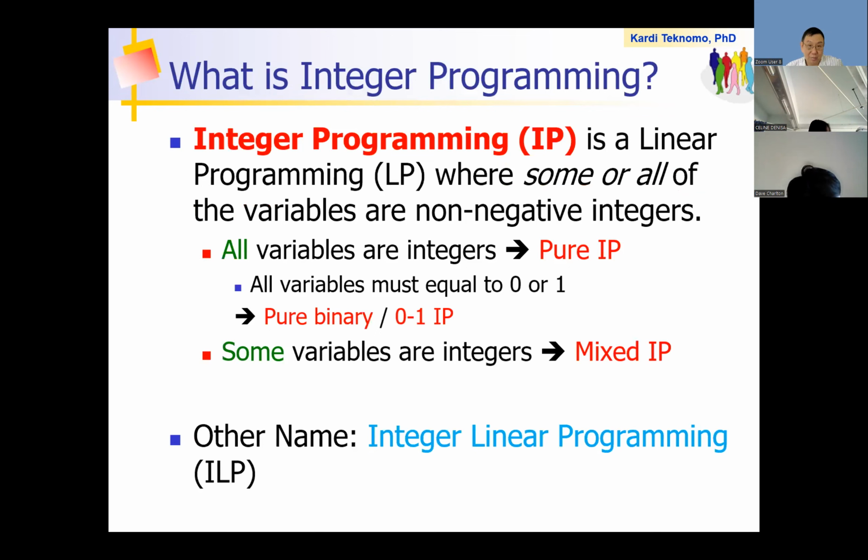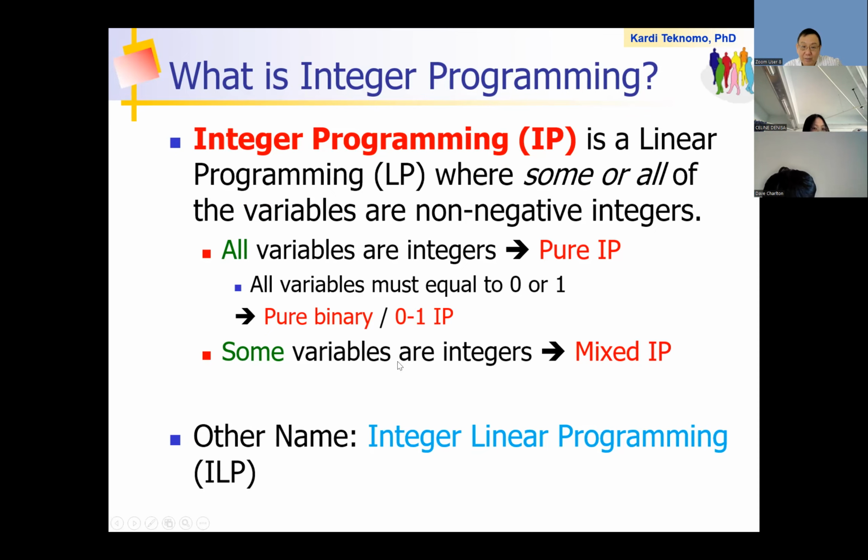So let's go to what is called integer programming, IP. What is IP? Integer programming is a linear programming, LP, where some or all of the variables are non-negative integers. When all variables are integer, we call it pure IP.